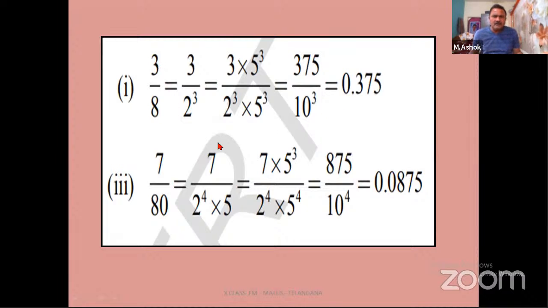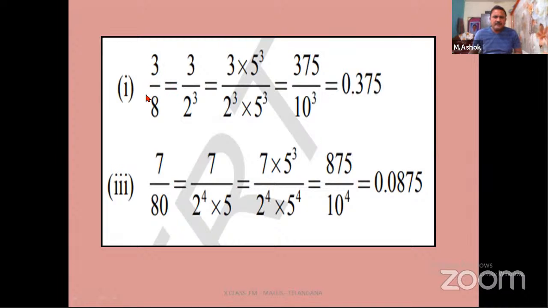Here we are not doing actual division. See how I do. Mind one thing: if the denominator of a rational number is 10, 100, 1000 or 10,000, then without doing the division, basing on the zeros, we can write the decimal form of the number.